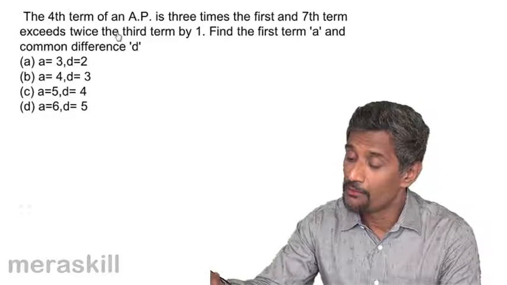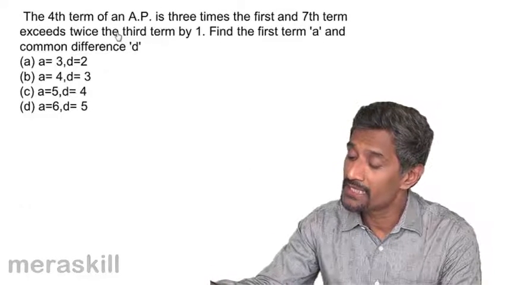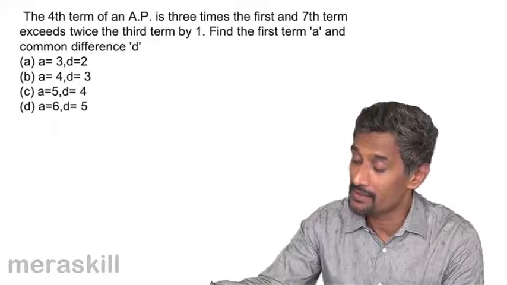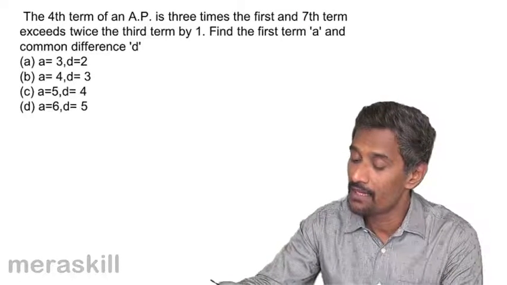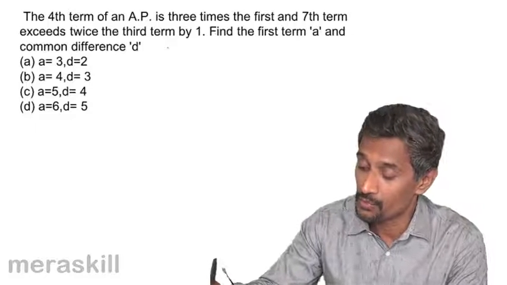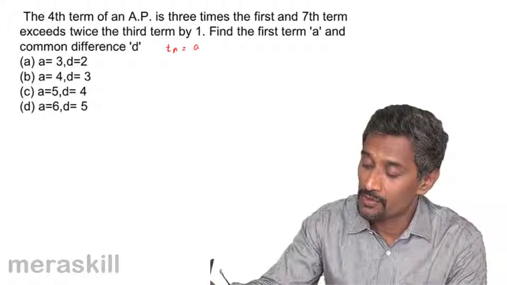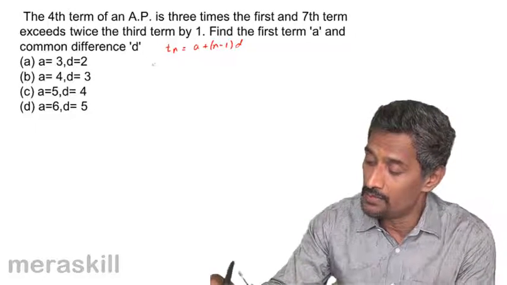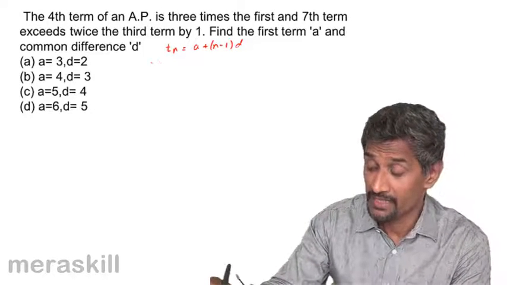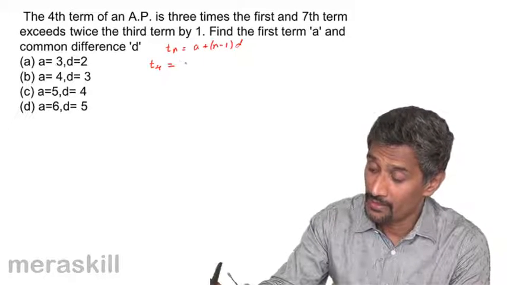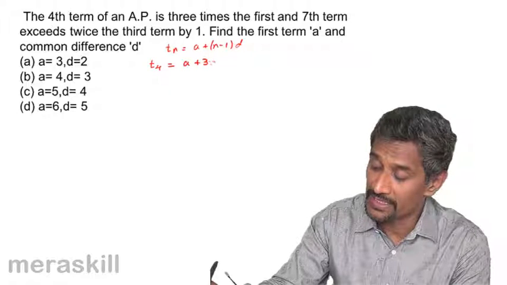The fourth term of an AP is 3 times the first, and the seventh term exceeds twice the second term by 1. Find the first term A and the common difference D. For the fourth term of an AP, we use Tn is equal to A plus n minus 1 into D. So T4 is equal to A plus 3D.